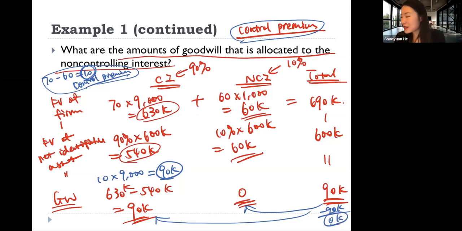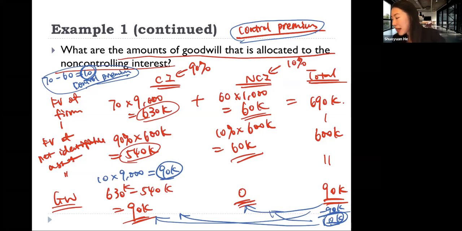For this remainder, we can allocate it between controlling and non-controlling interest according to the ownership percentage. So we first take out all of the control premium paid, which is 100% the parent's, and then the rest we can allocate between controlling and non-controlling interest.